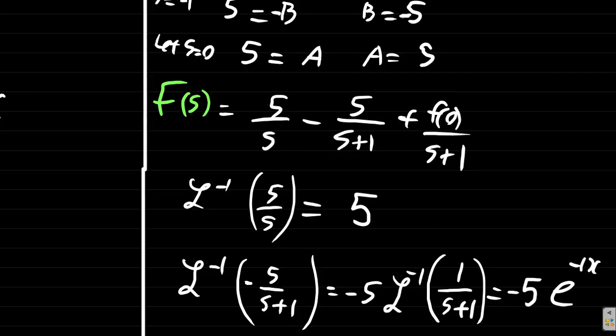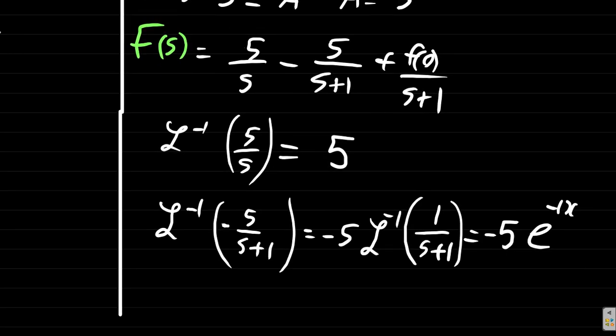So we follow the same pattern. It's negative 5 e to the negative 1 x, but we don't need to have the 1 there, so it's e to the negative x. All right? So that's what we have.